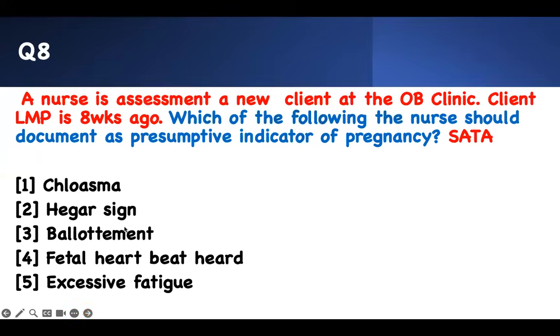Number 8. So what do we have? Next is assessing a client in the OB clinic. Client's last menstrual period was 8 weeks ago. Which of the following should the nurse document as a presumptive indicator of pregnancy? So there are 3 P's, I call them. The presumptive, you are presumptive.